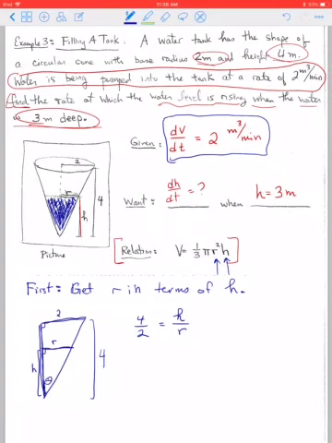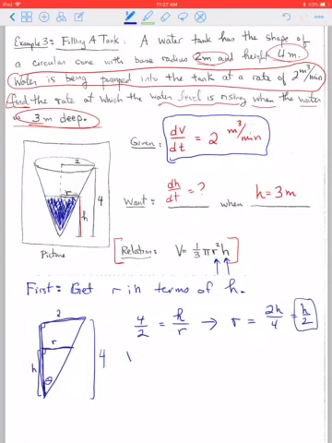The tangent of this angle should be 2/4 from the big triangle, and it should also be r/h from the smaller triangle. So in either case, we should get the same answer. We have an equation now, and we can solve this for r. If we solve that for r, we get r equals 2h/4, which is h/2.